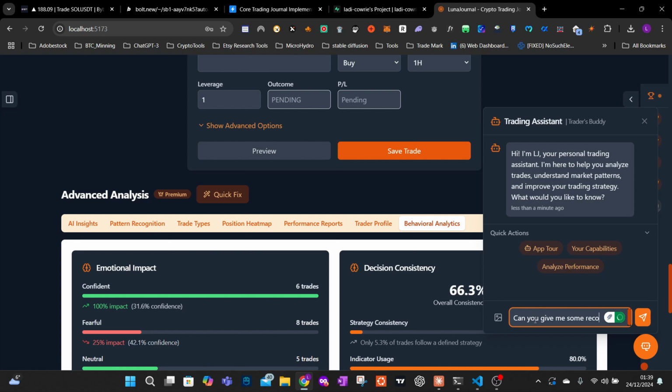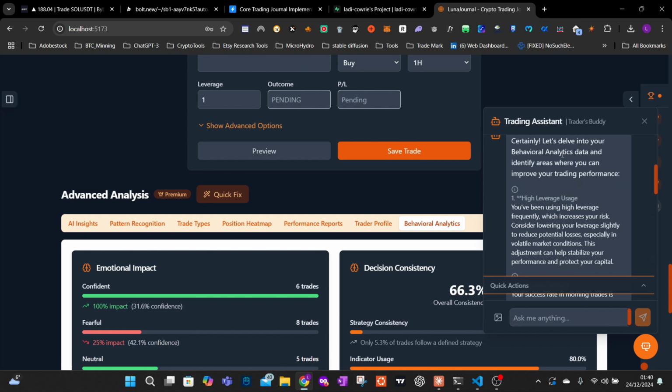Let's see what this comes up with. Okay, let's see if it's relevant. "Certainly, let's delve into your behavioral analytics data and identify areas where you can improve."